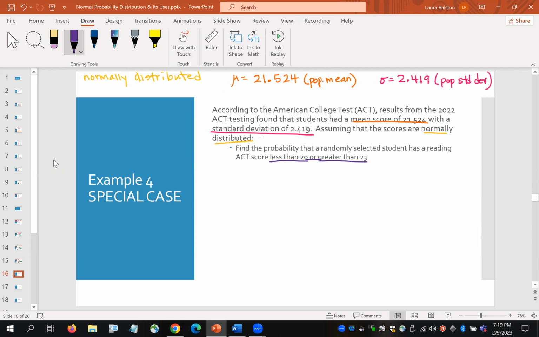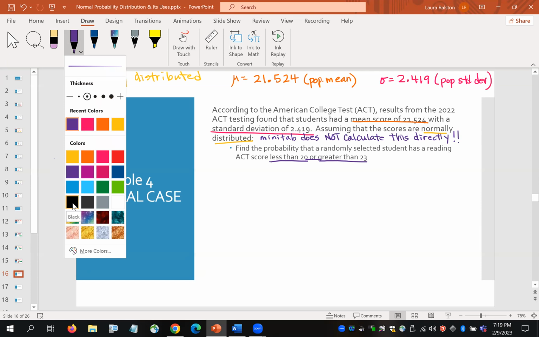Okay, we have two conditions. And I'm just going to tell you outright, Minitab does not calculate this directly. Okay, all the others we've been able to put the information in and get the answer out. This one with the two conditions requires a little bit more work.